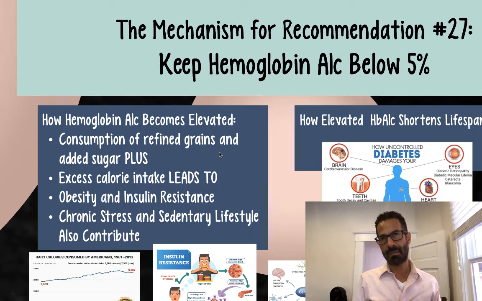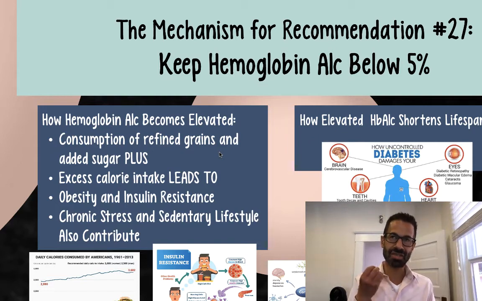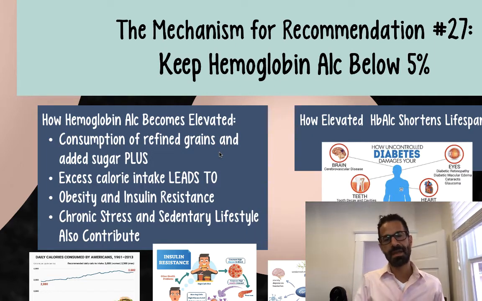When we eat them, they already start to become sugar on our tongue. There's an enzyme called salivary amylase that converts starches into sugar on our tongue. That's why we can have such a strong attraction to bread and pastas. They actually start to raise our blood sugar in our mouths.